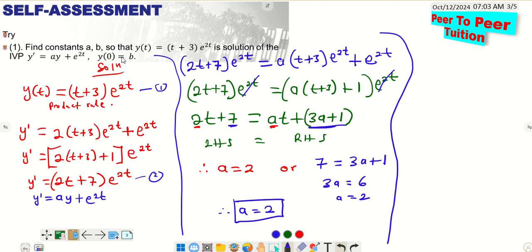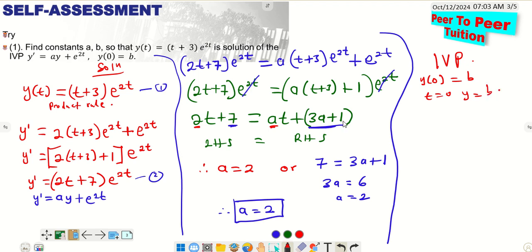Now we are also supposed to find b. We can solve for b using the initial value problem. We have been given that y(0) should be equal to b. This implies that our t is 0 and our y is also b.